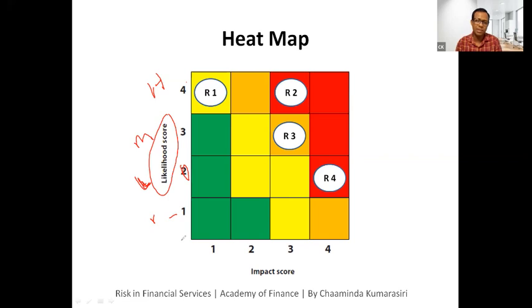That's the extreme case, but that is highly unlikely. Depending on the average transaction volume, you can decide that the possibility is maximum 100,000. It can't be beyond that. So you get an estimate.